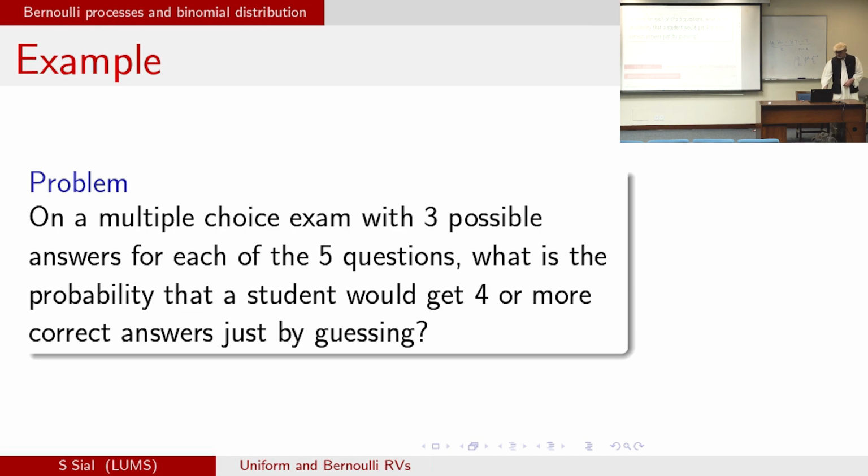Okay. Try this one. There are 5 questions on a multiple choice test. There are 3 choices given. What's the probability of getting 4 out of 5 or 5 out of 5 correct answers just by guessing?